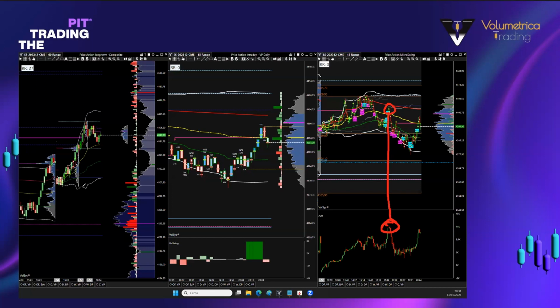In this case, we have a direct divergence because the CVD chart makes a new high with no follow through by price. And we also have the opposite example if we look at the bottom here.